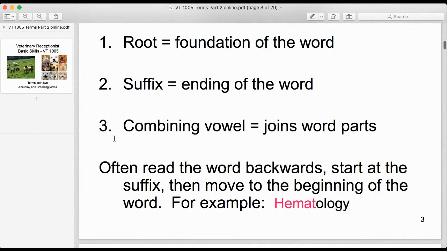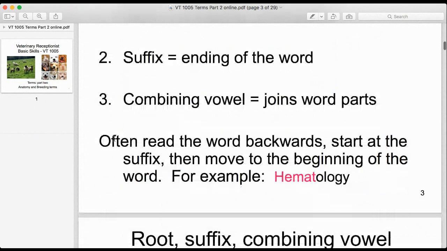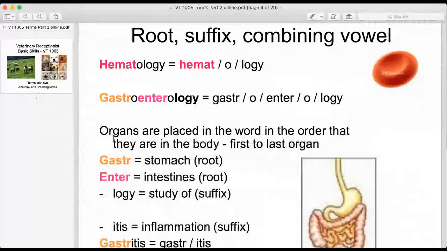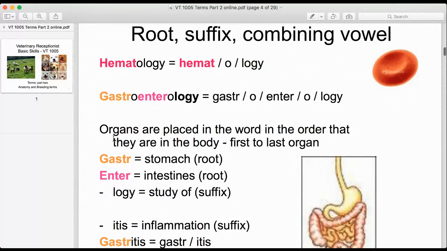That's what I mean by reading it backwards. And this slide illustrates that with a picture of a red blood cell corpuscle off to the right-hand side. So your root and your suffix and a combining vowel. So hemat, and then you have an O to make it work to hematology.